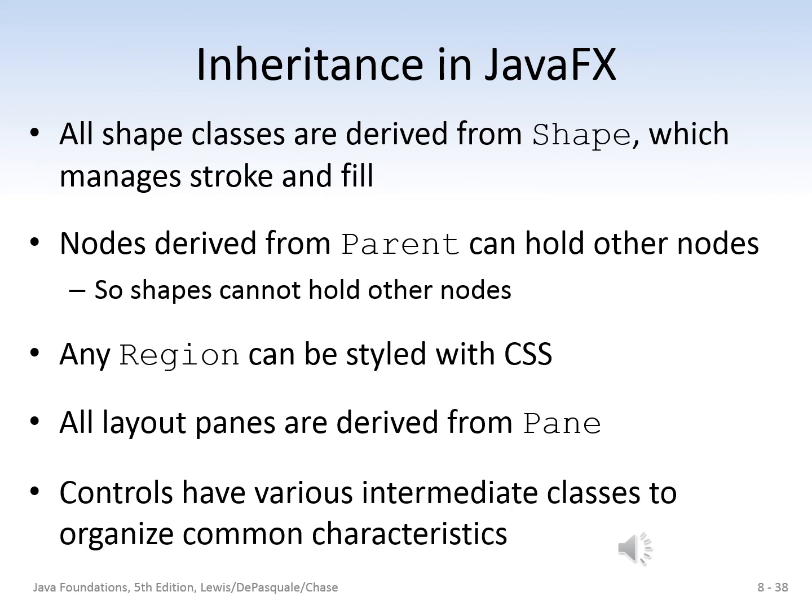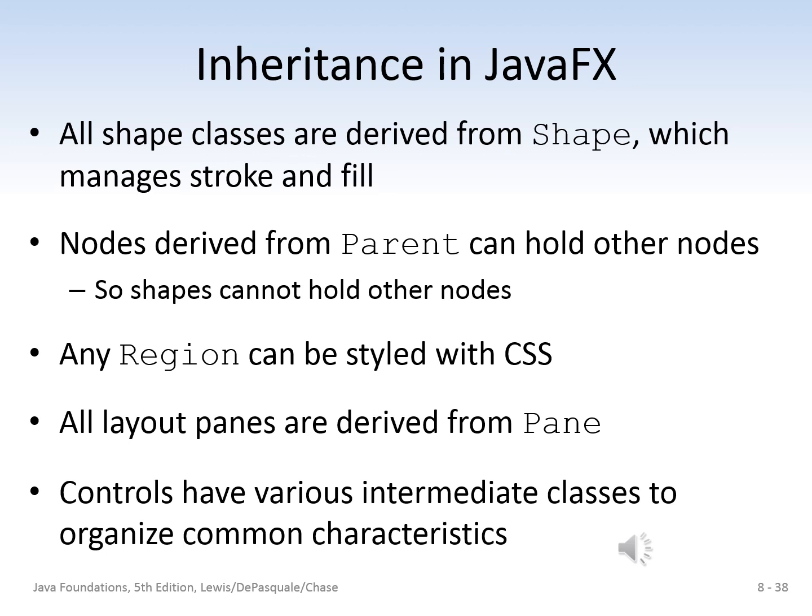We have a fairly complicated inheritance scheme in JavaFX. All the shape classes are derived from shape, which manages stroke and fill. Nodes derived from parent can hold other nodes. However, shapes cannot hold other nodes because they're not derived from parent.